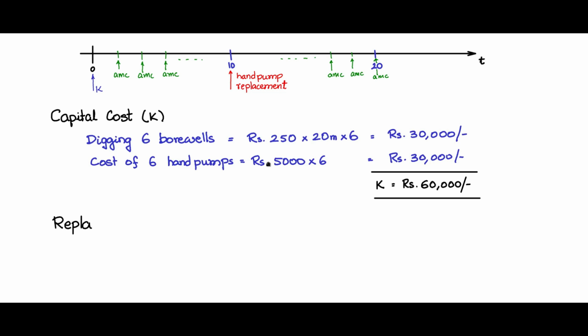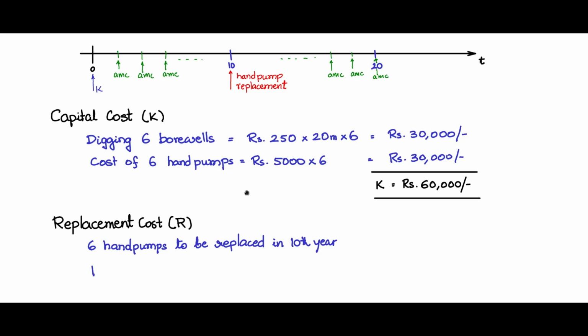Next, let us find out the replacement cost R. So you see that we need to do replacement of 6 hand pumps after 10 years. So 6 hand pumps to be replaced in the 10th year.